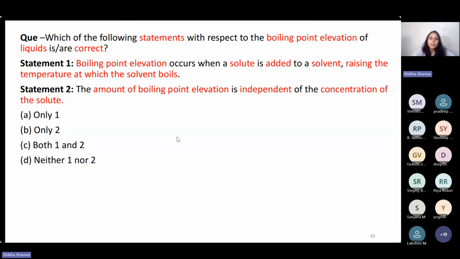Statement one: boiling point elevation occurs when a solute is added to a solvent, raising the temperature at which the solvent boils. And second: the amount of the boiling point elevation is independent of the concentration of the solute. So which statement do we need to tell is correct?